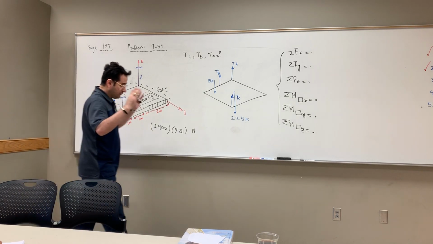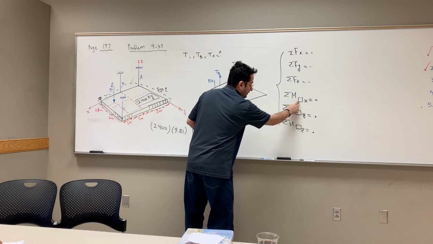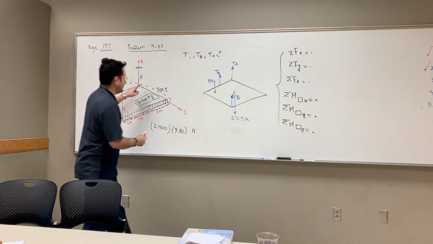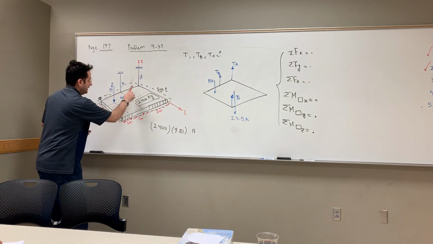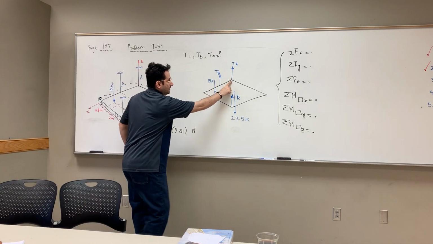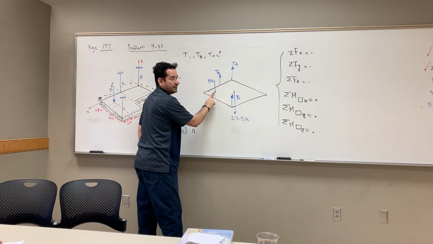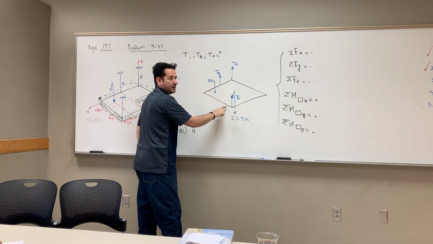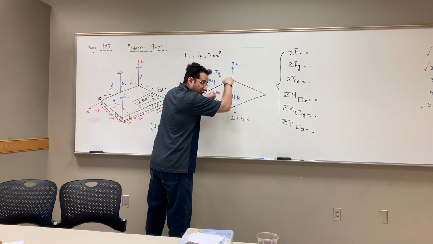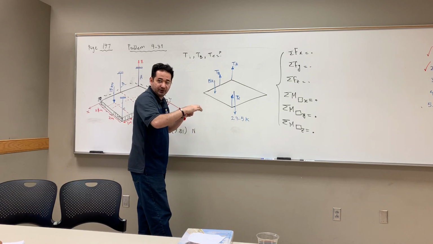You said, let's take this reference point as A, because what are the other candidates? A, B, and C. C is not a good candidate because this is known. We try to get a point where most of our unknowns are, so we get rid of them when we write the equation.